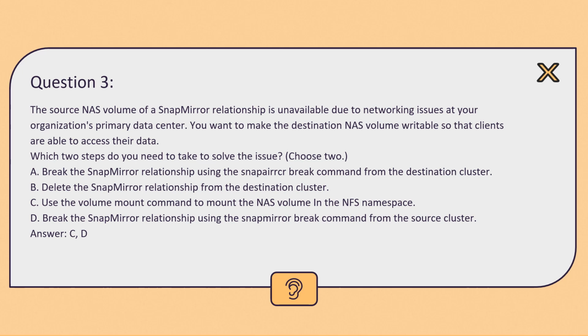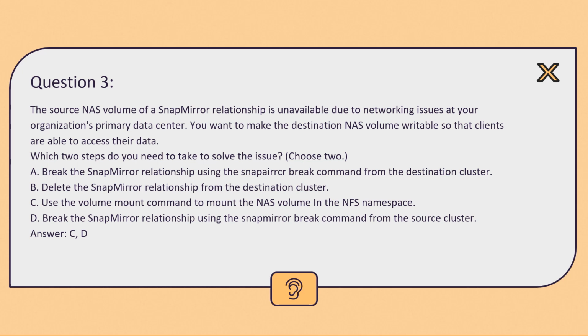3. The source NAS volume of a SnapMirror relationship is unavailable due to networking issues at your organization's primary data center. You want to make the destination NAS volume writable so that clients are able to access their data. Which two steps do you need to take to solve the issue? Choose 2. A. Break the SnapMirror relationship using the snapmirror break command from the destination cluster. B. Delete the SnapMirror relationship from the destination cluster.